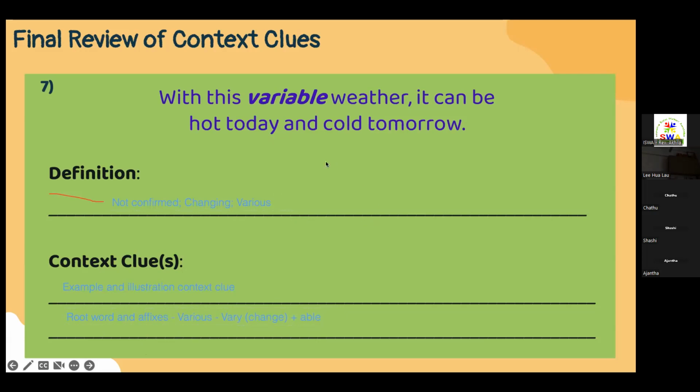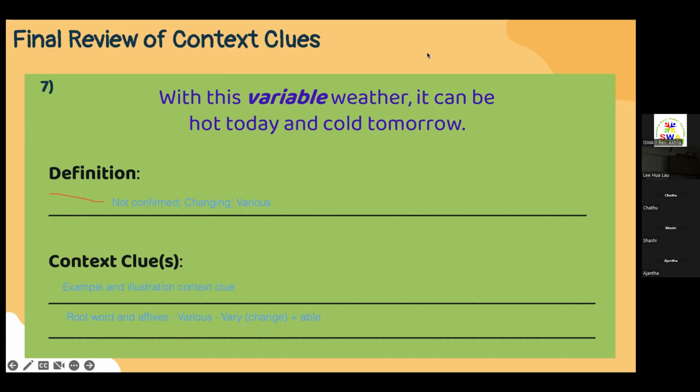So in this short sentence, we see two types of context clues being used here. You know that it's hot today and cold tomorrow. That means it's always changing. And the root word of variable means various or varied. It means changes. So you also know that the weather is always changing.